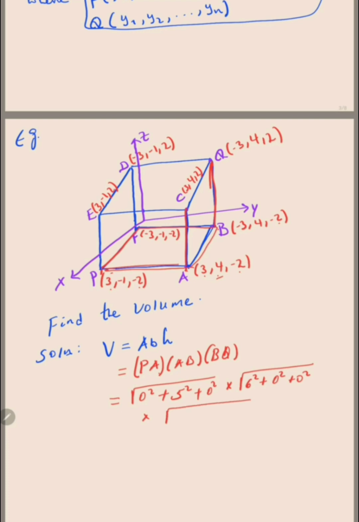The distance is minus 3 minus minus 3, which is 0 squared, plus 4 minus 4, 0 squared, plus 2 minus minus 2, which is 4 squared. So this is the same as 5 times 6 times 4, which is 120 cubic units. So the volume of this rectangular prism is 120.